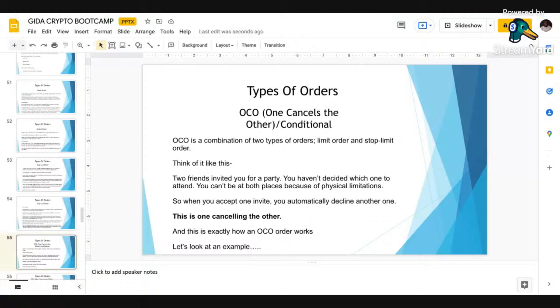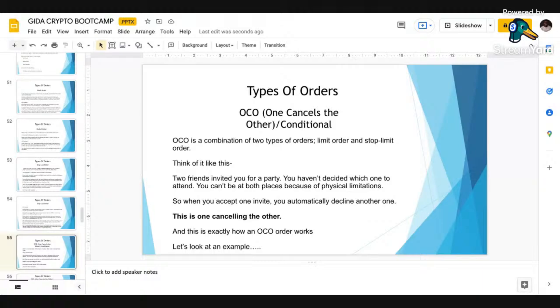I will explain further. Now, why do we call it OCO, one cancels the other? Let's look at it like this. Think of it like two friends invited you for a party. You have not decided on which one to attend, and you cannot be at both places because of physical limitation. So once you accept one invite, you are automatically declining the other.